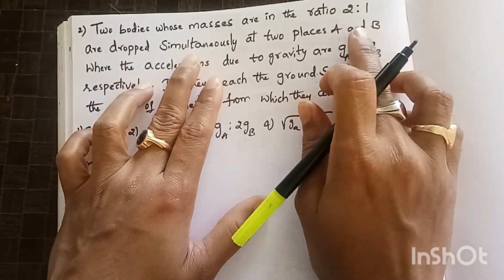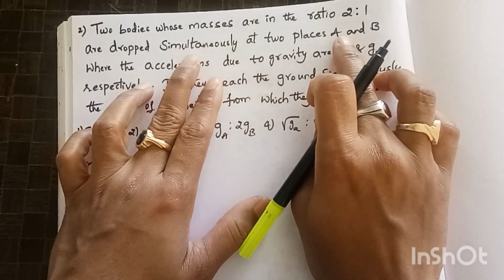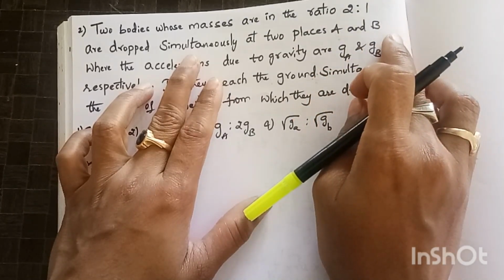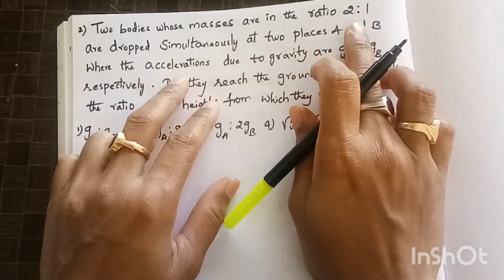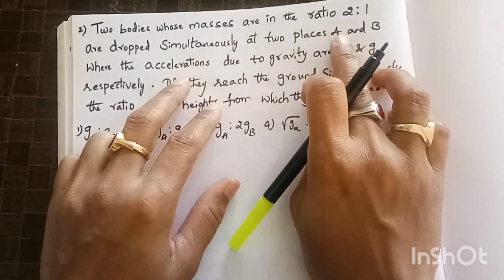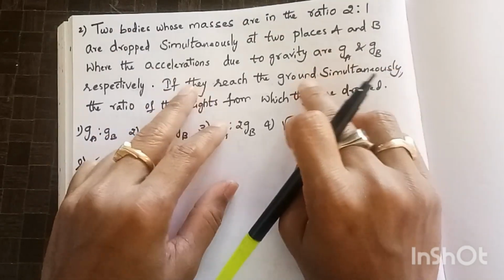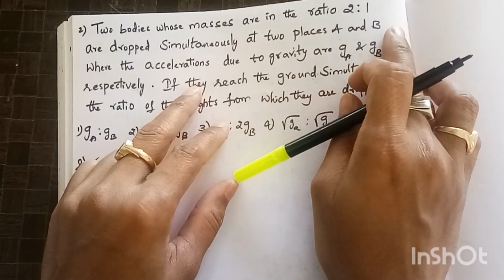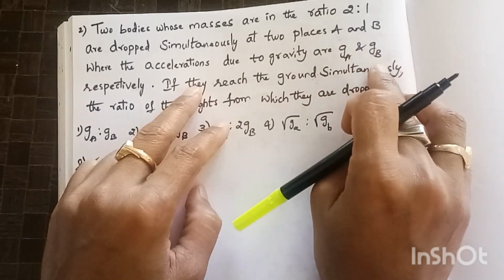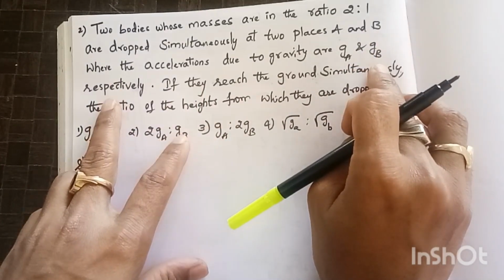The first body is dropped at place A and the second body is dropped at place B at the same time. Their accelerations due to gravity are GA for body A and GB for body B respectively.